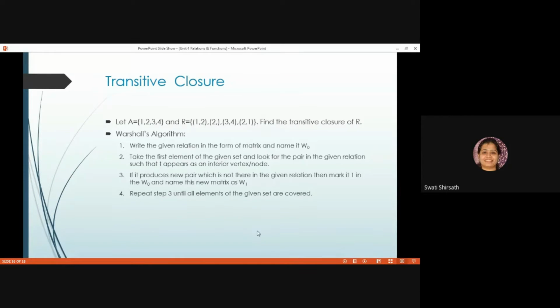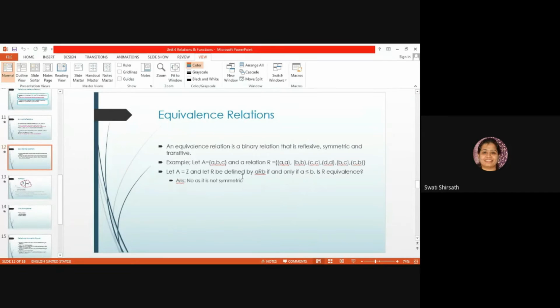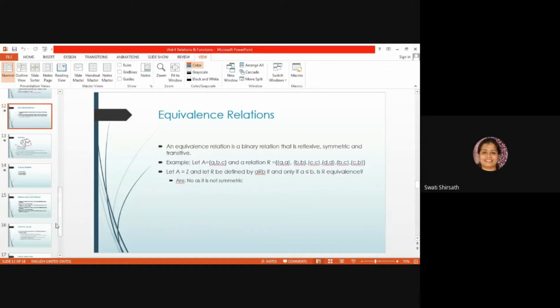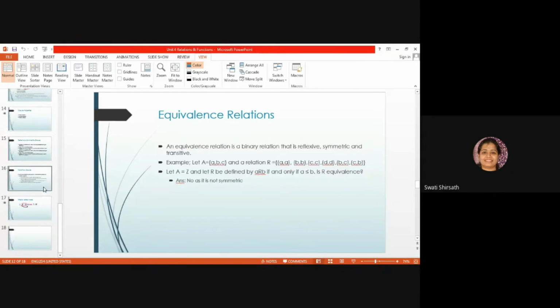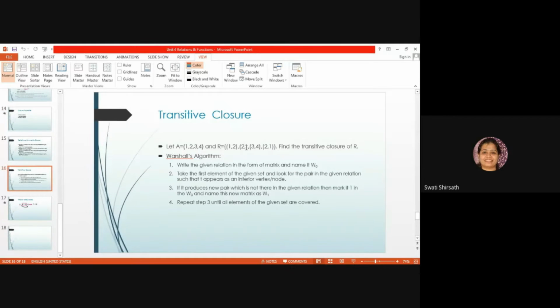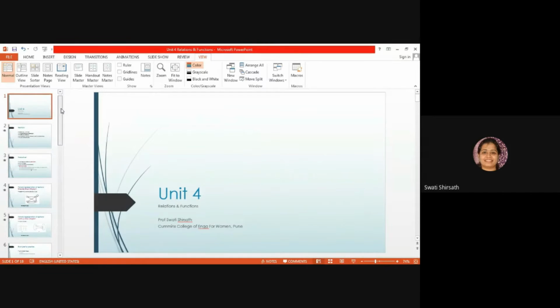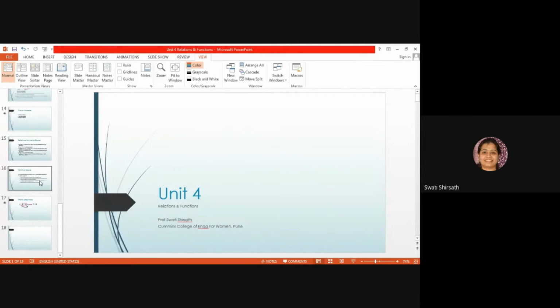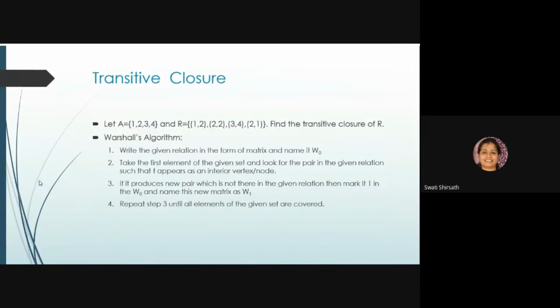R is equal to {(1, 2), (2, 2), (3, 3), (4, 2), (2, 1)}, and we have to find the transitive closure of R. So here goes our Warshall's algorithm.